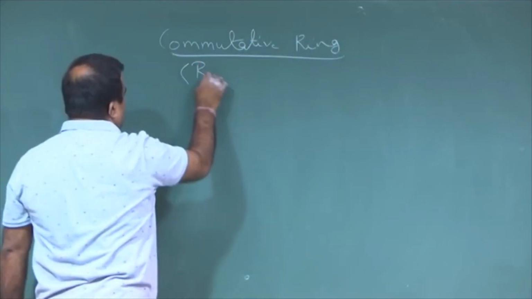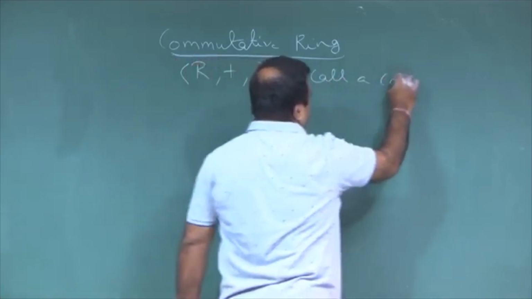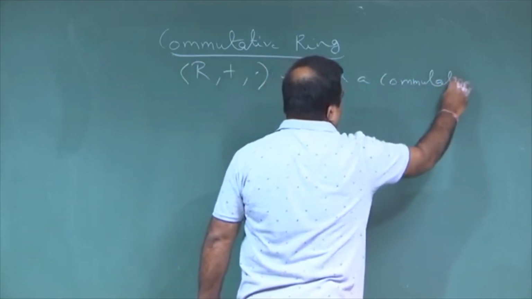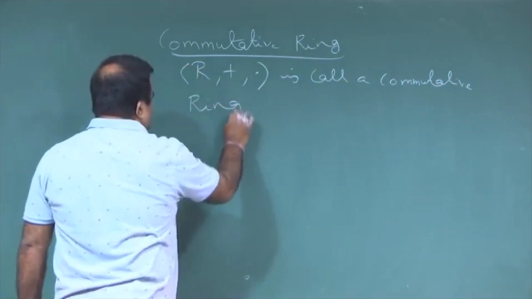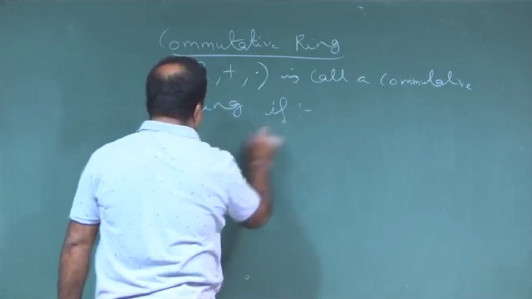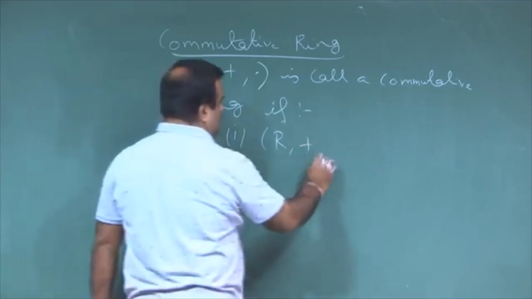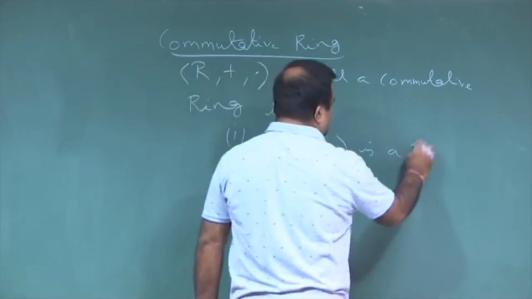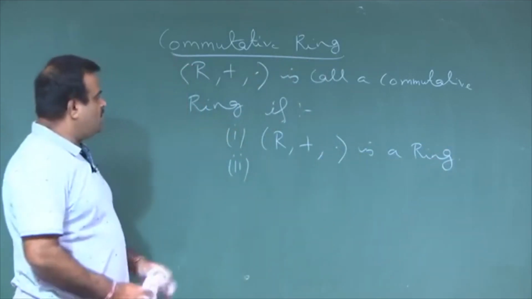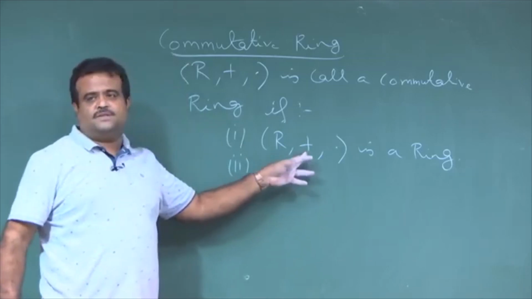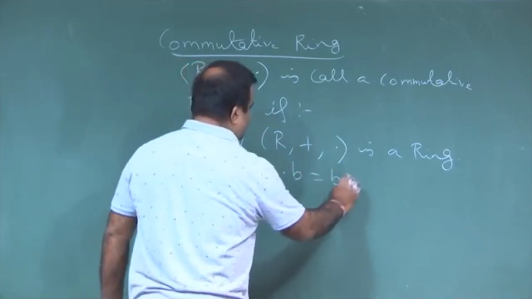So, R is called a commutative ring if first of all it is a ring, that means all the 9 properties must be satisfied, and it must be commutative: it is already commutative in the sense of plus, and the dot must be commutative.